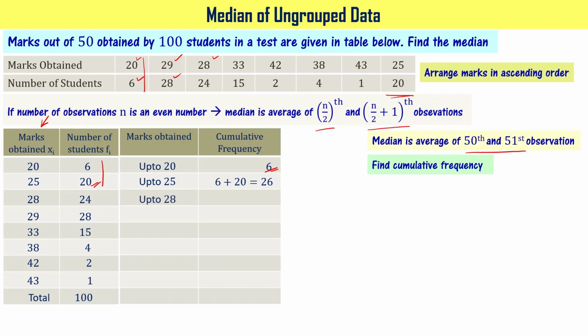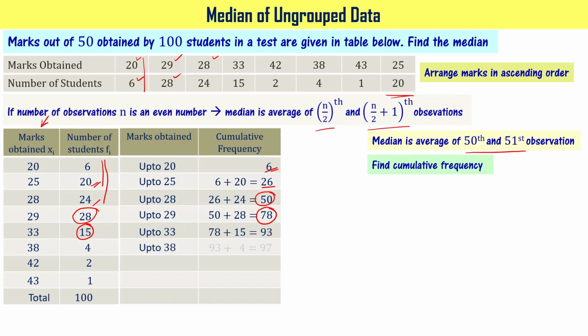Up to 28 marks, it means we have to take sum of all these three. In other words, 26 plus 24 can be also the same, right? Let me write that way. 26 plus 24 is 50. Up to 29 marks, 28 plus 50, that is 78, right? Up to 33 marks means 15 plus 78, that is 93.